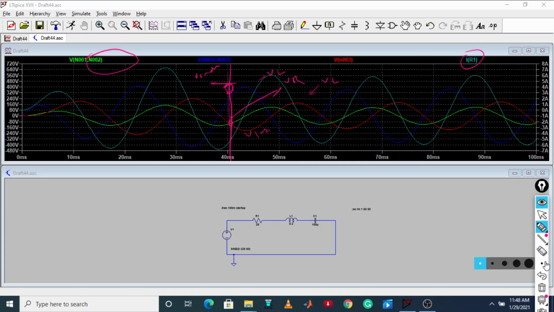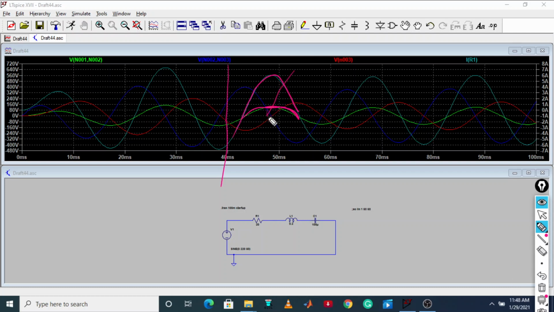Now let me delete all these things first. Here I am drawing one line. This current and this voltage will be in phase. So voltage and current will be in phase with R.